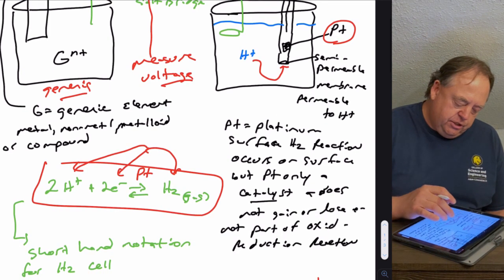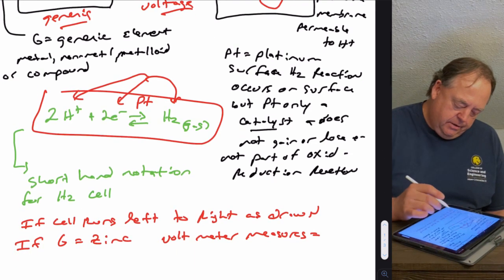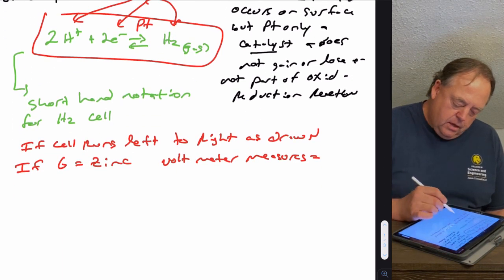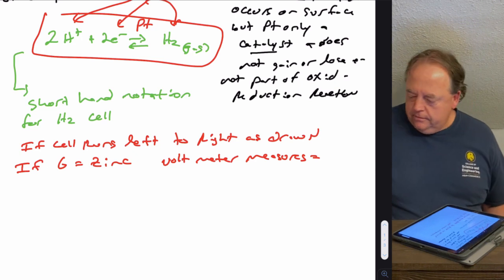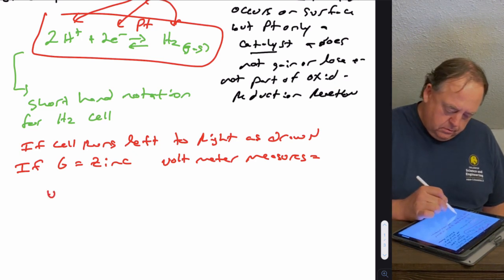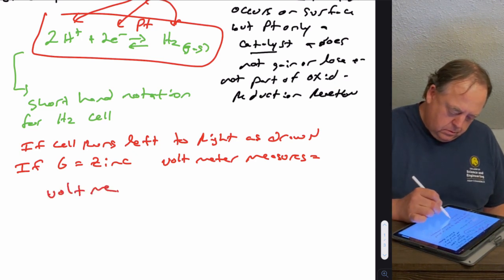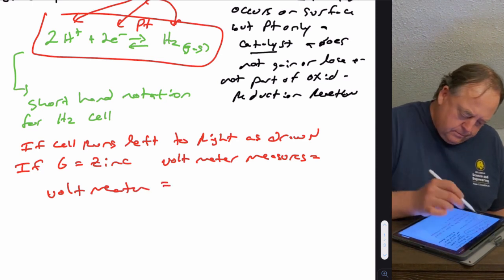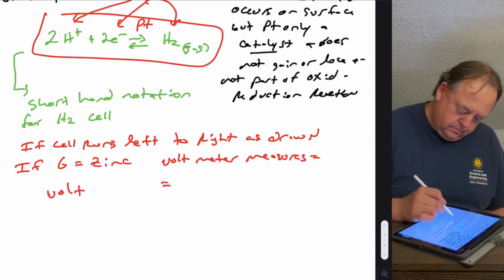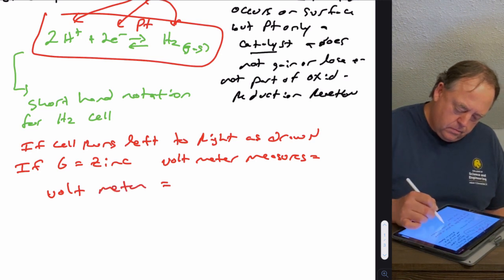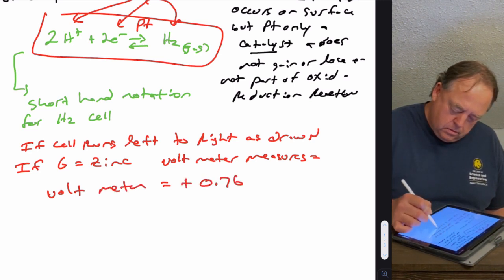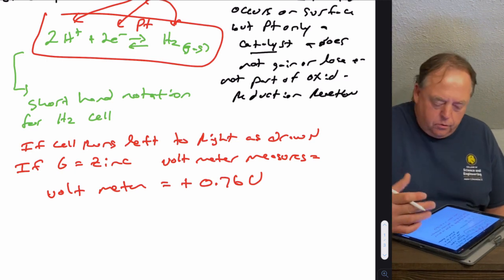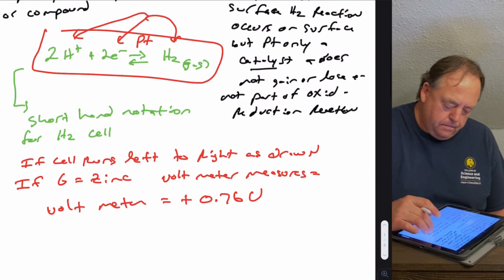If the generic cell is zinc, then the voltmeter would measure 0.76 volts.